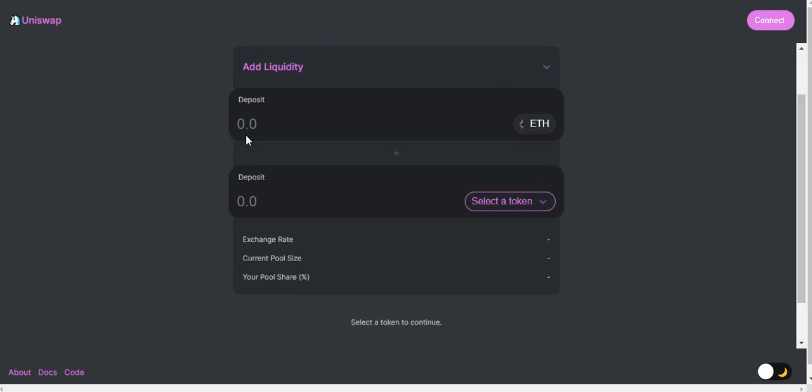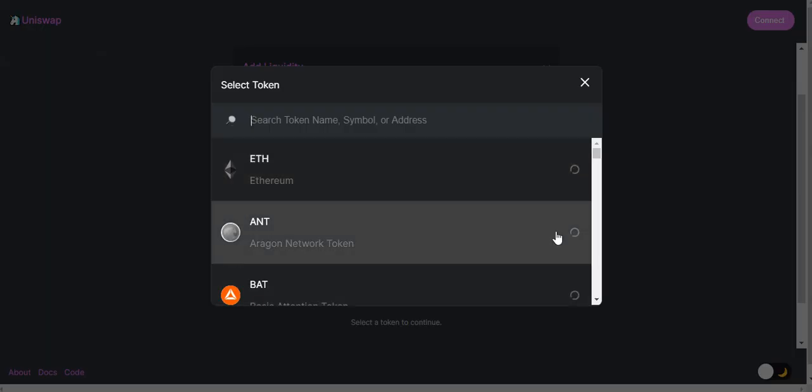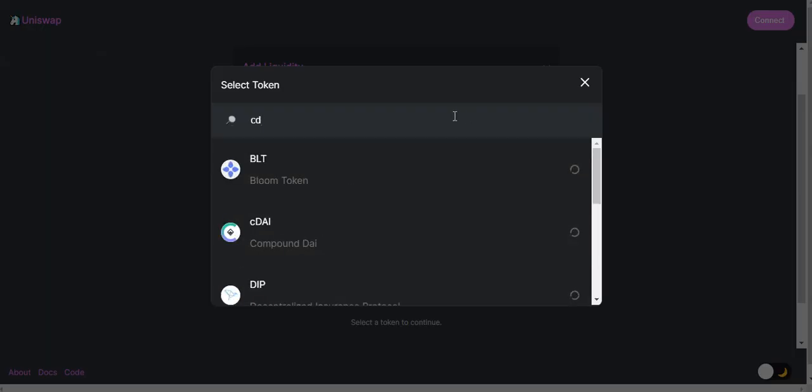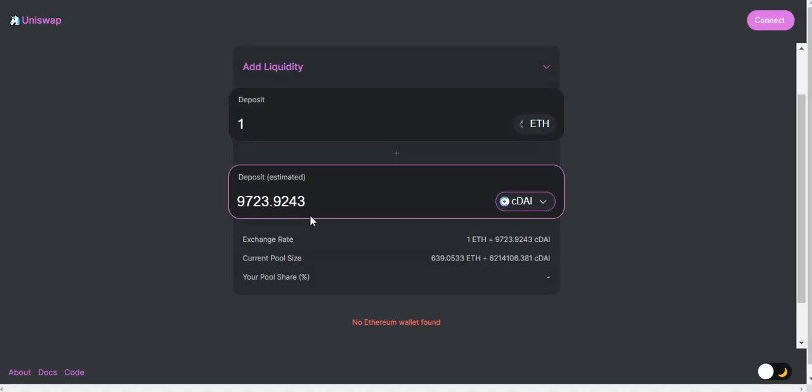So we can see the amount we want. Let's look for cDai. Here it is, Compound DAI. So right now, one Ethereum will get you 9,723 cDai.